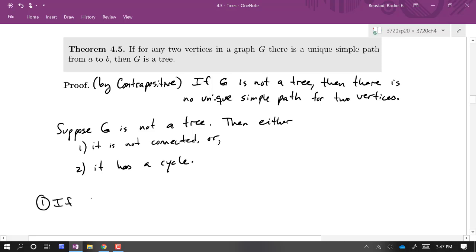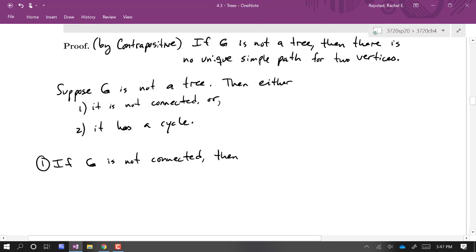If G is not connected, then there exist two vertices for which there is no path between them, and certainly then no unique path. We'll call these vertices A and B.